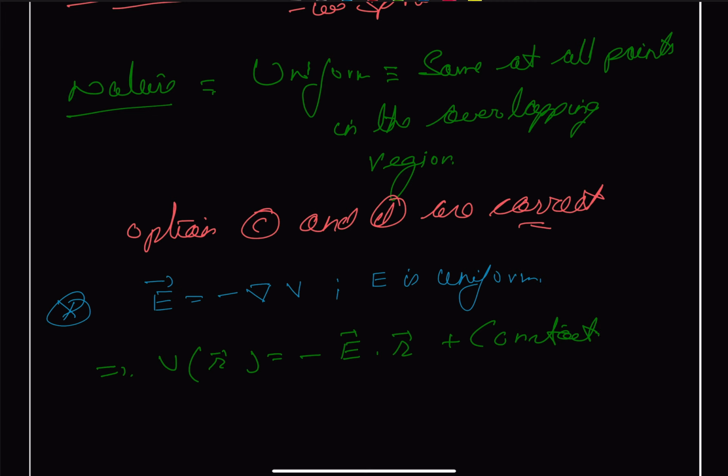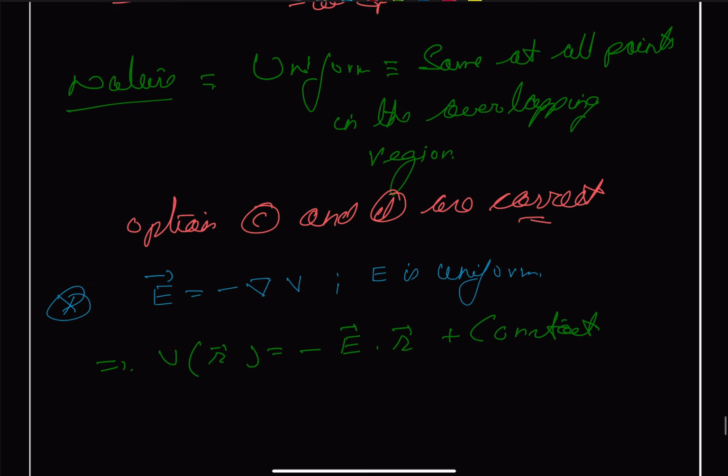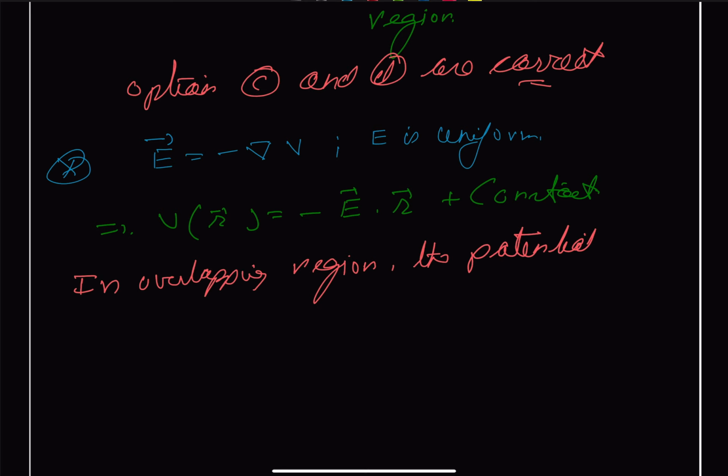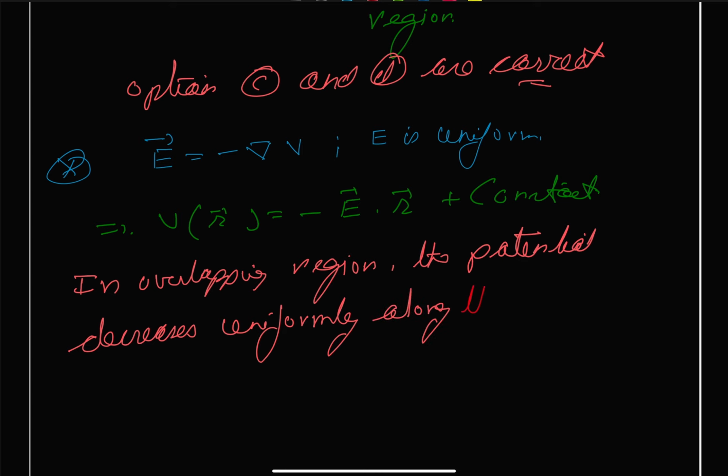So we can say that in the overlapping region, the potential decreases uniformly along the direction of the electric field.